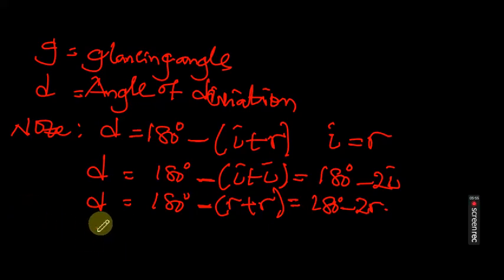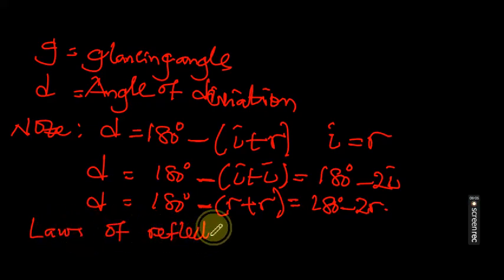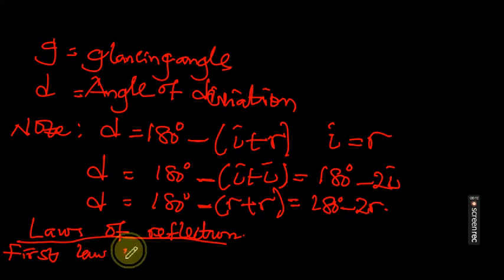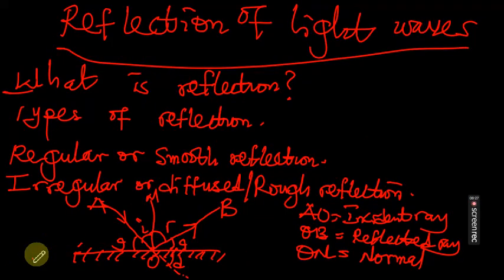Now note, from that sketch above, we can have what we call the laws of reflection. And what does this law state? The first law of reflection states that the incident ray, the reflected ray, and the normal at the point of incidence all lie on the same plane.